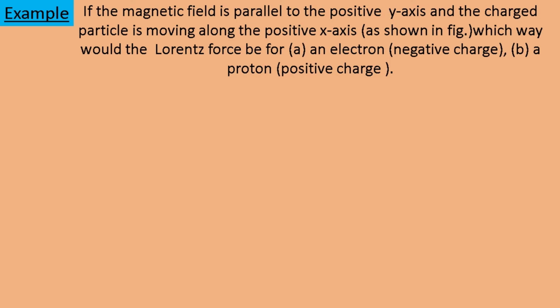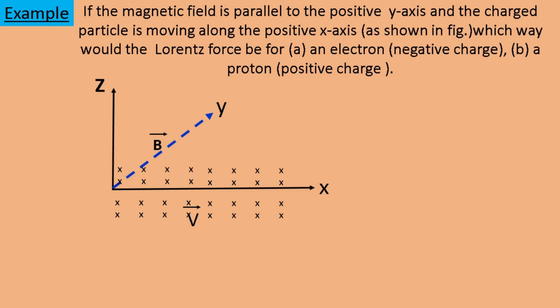Consider an example. If the magnetic field is parallel to the positive y-axis and a charged particle is moving along the positive x-axis, as shown in the figure, which way would the Lorentz force be for an electron, negative charge, and for a proton, positive charge? Observe this figure. Let us consider the positive charge, that is proton, moving along the x-axis with velocity vector v, and magnetic field which is perpendicular to the velocity vector and which is inside the plane of paper.